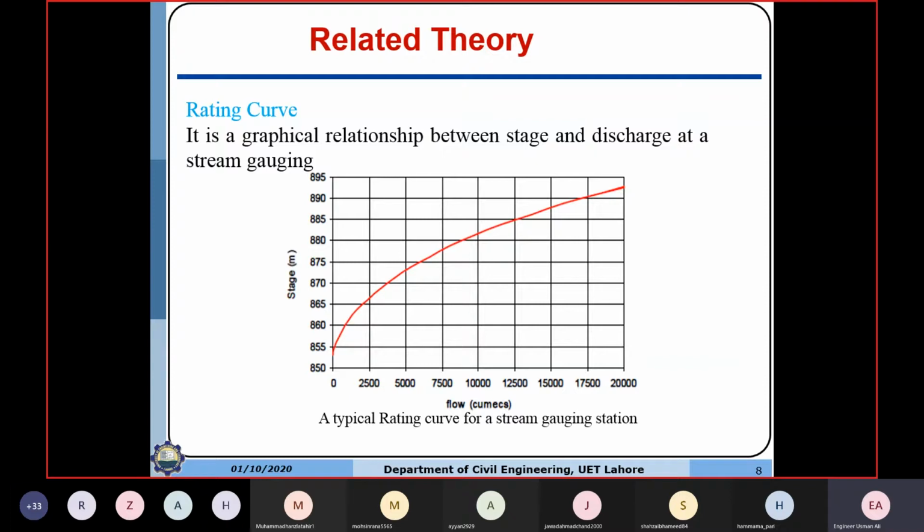So this is a very, very important curve, which is a must for any site where we want to develop any hydropower or construct any hydraulic structure. For the stage versus discharge curve, we have stage on the y-axis and discharge on the x-axis. This is a typical rating curve shown in this diagram.